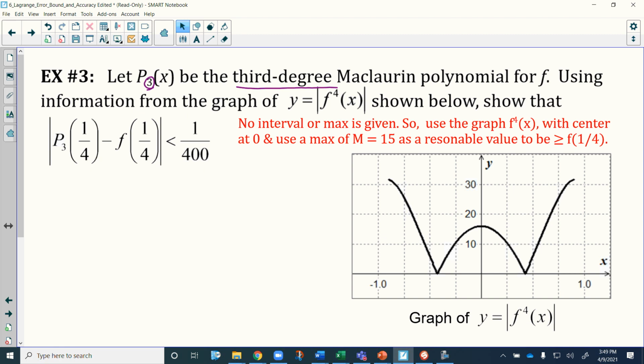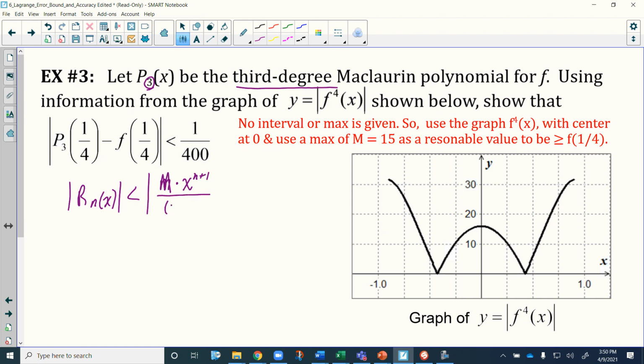Well, again, we're going to be using the Taylor inequality, or modified for a Maclaurin polynomial here. So I'm going to wind up with, let me turn my pen back on, the absolute value of r sub n of x must be, in this case, less than the absolute value of the maximum, capital M, times x to the n plus 1 power over n plus 1 factorial.